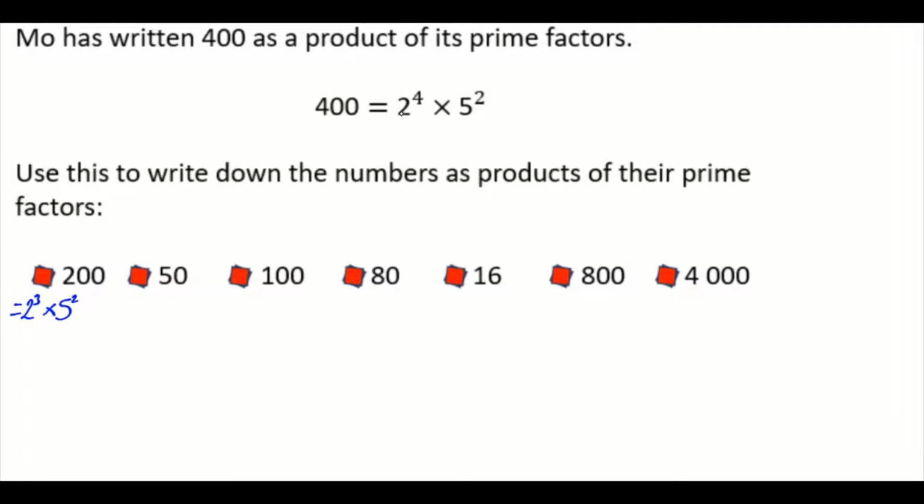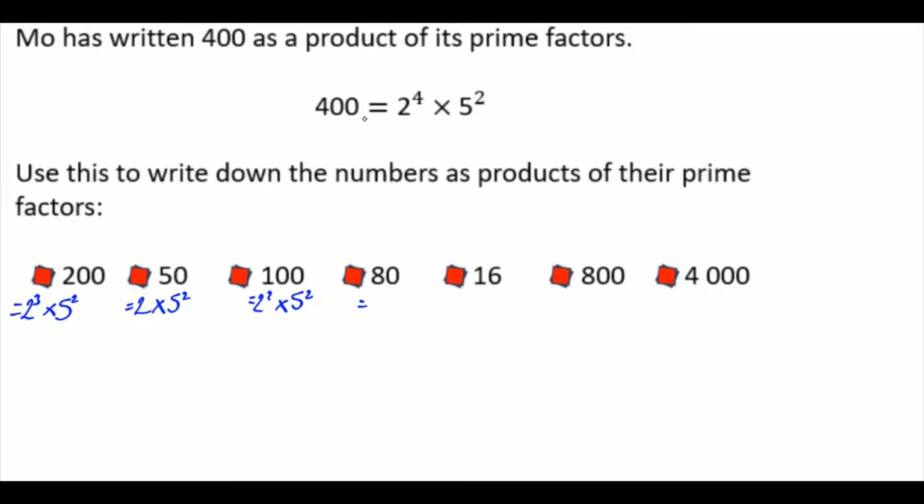So 2 to the power of 4 divided by 8, or divided by 2 cubed, would just be 2. So that would just be 2 times 5 squared. In a similar way, 100 is a quarter of 400, so divide by 2 squared, leaving us with 2 squared times 5 squared.